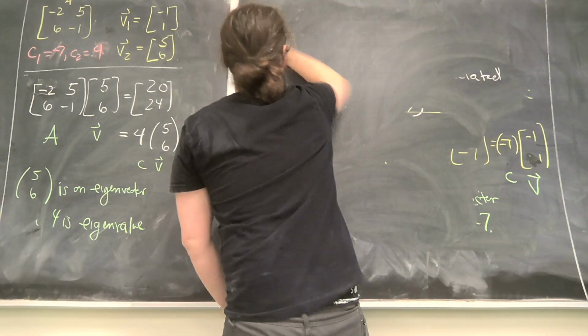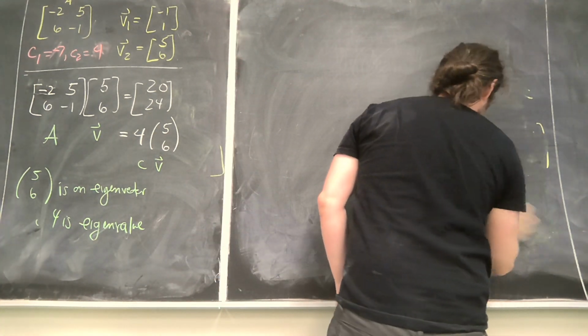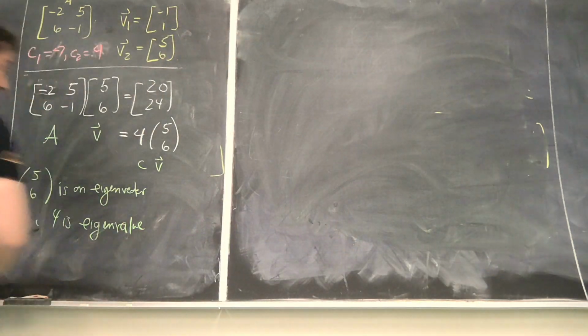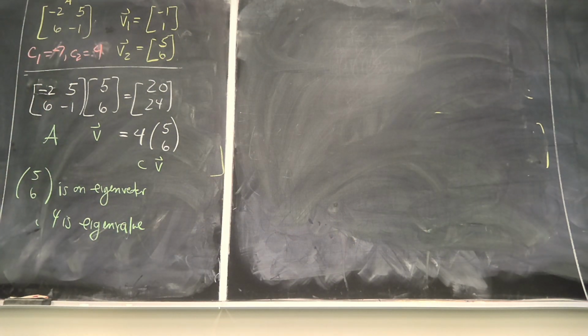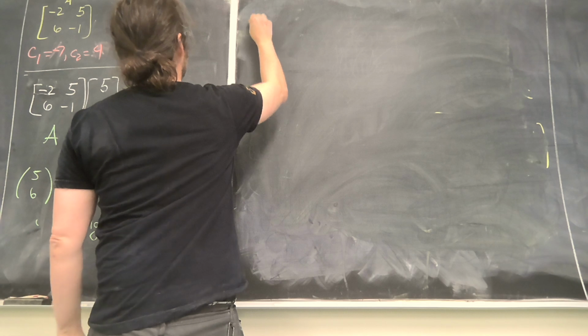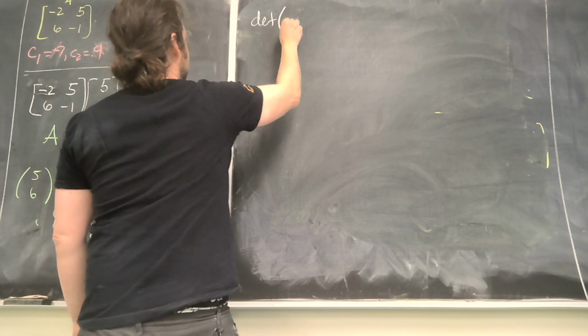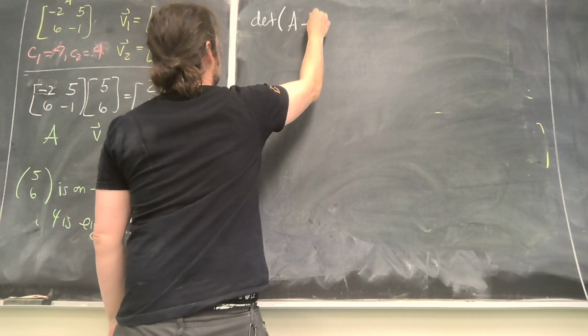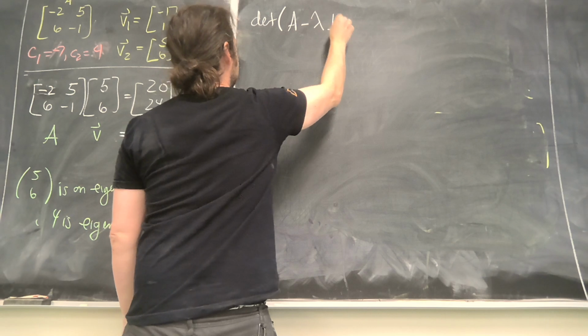So this is, like I said, an introduction to all this, because people find this really confusing. This is what the method looks like. In order to find C1 and C2, I'm going to solve this weird looking equation. I'm going to write down the determinant of the matrix A, and I'm going to subtract off lambda times the identity.